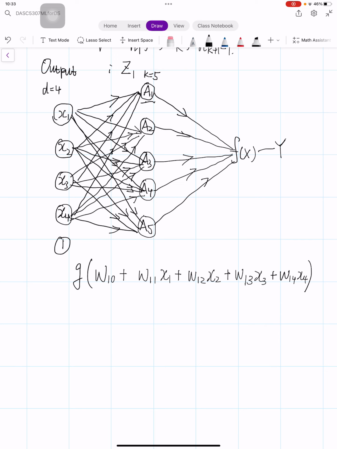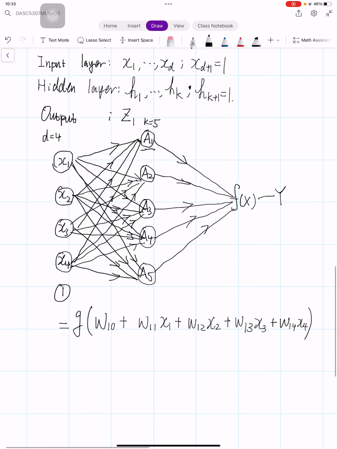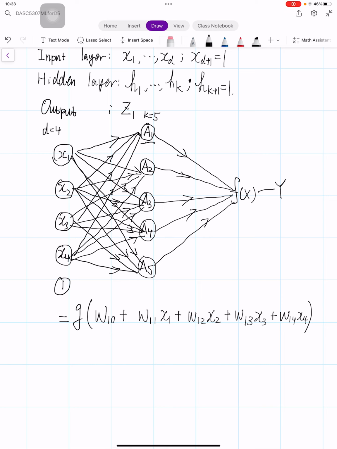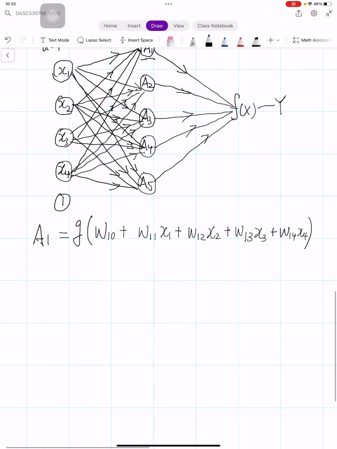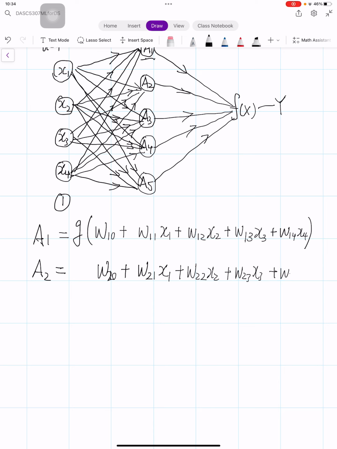We call this a1. Similarly, the second node a2 equals g of w20, the intercept, plus the transformation from the first feature to the second node, w21 x1, w22 x2, w23 x3, w24 x4. Then you transform by some nonlinear transformation.